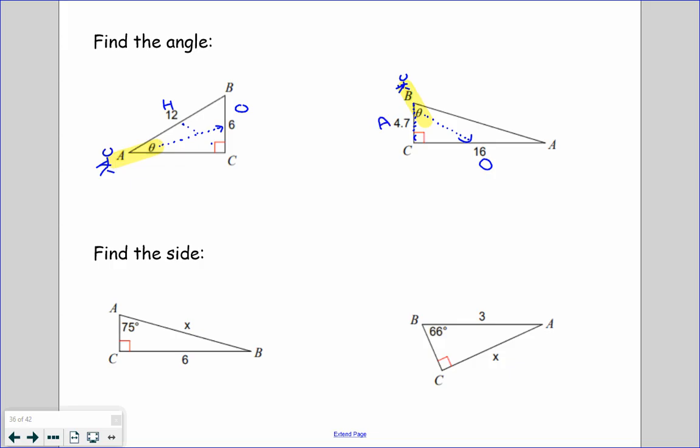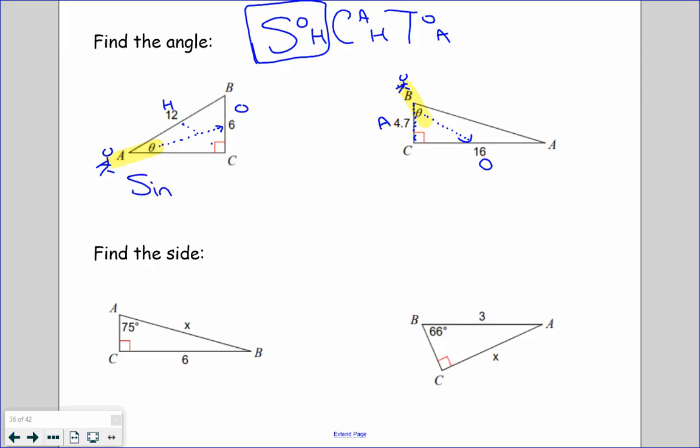Okay, so SOHCAHTOA. Go through the 3 parts looking for the O and the H. Where do you see the O and the H? Right here, right? You see the O and the H. So your setup is sine theta equals, and then over here, you're going to put your sides.